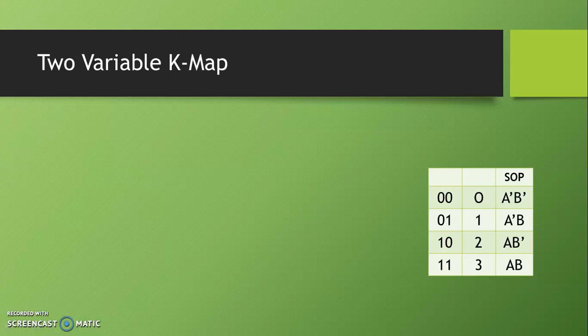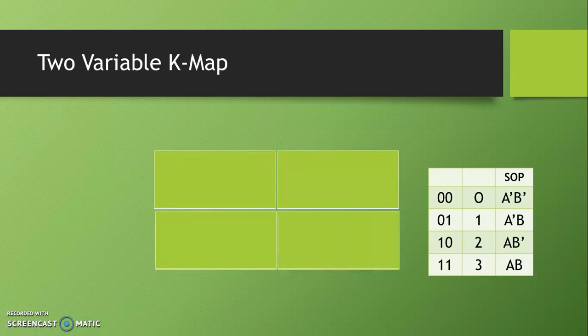So now let us go for the 2 variable K-map, 4 cells, and we have 2 rows and 2 columns. We have a total of 4 cells. We have 2 variables, A and B. A is the most significant bit and B is the least significant bit.